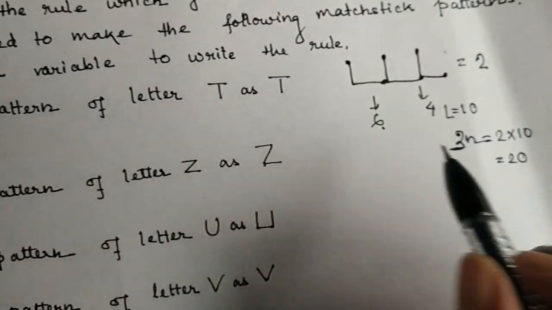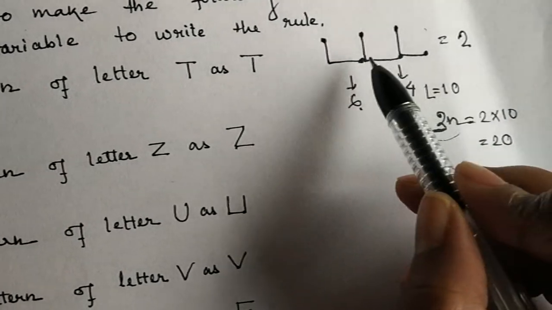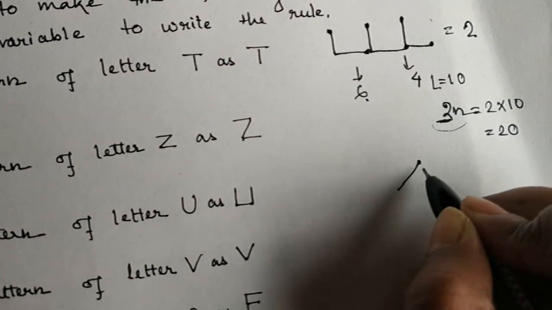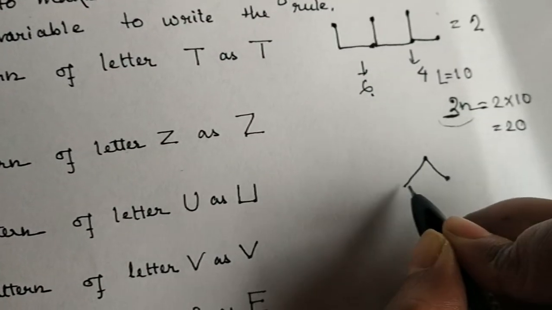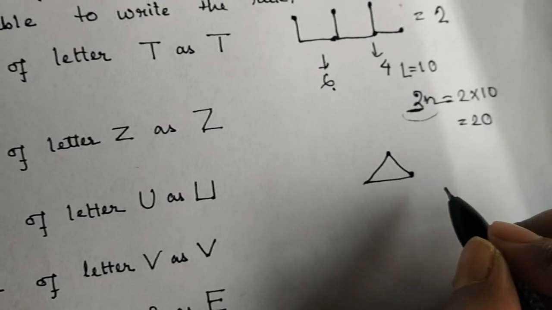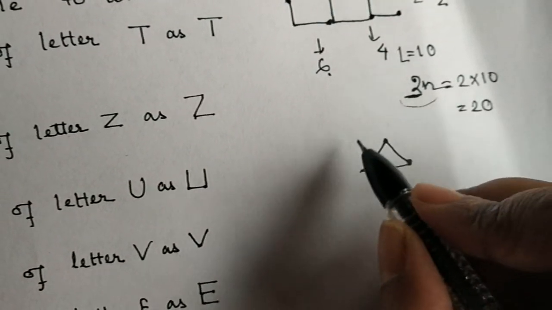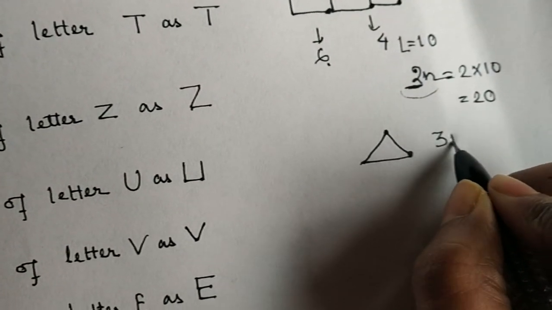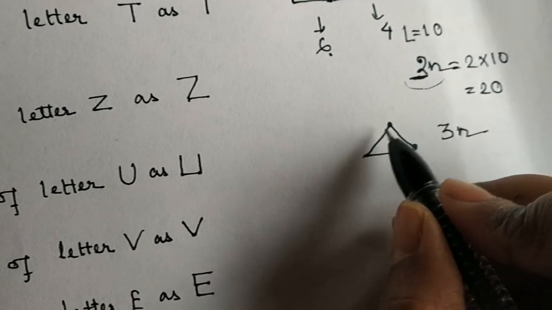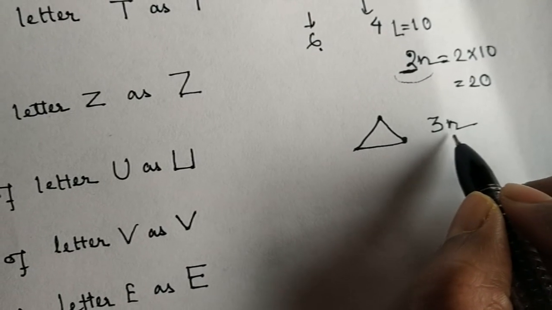Okay. So this 2n is only for this letter. Now if I take this triangle, see here, 3 mastics are used to make one triangle, right? So what will be the rule here? It will be 3n. Why? Because 3 is the number of mastics used in one triangle and n is the number of triangles we need to form.